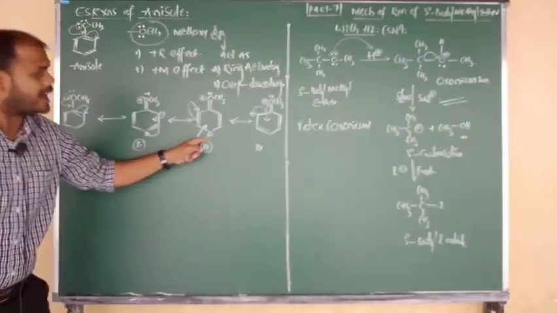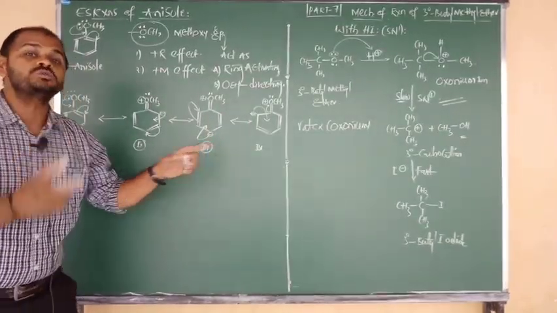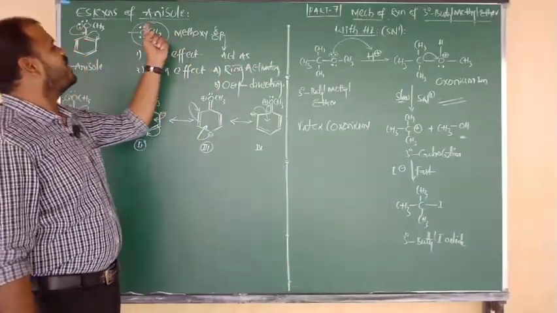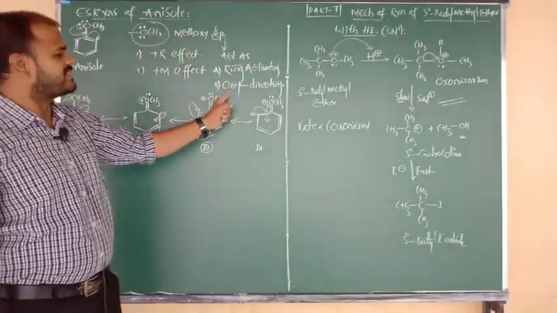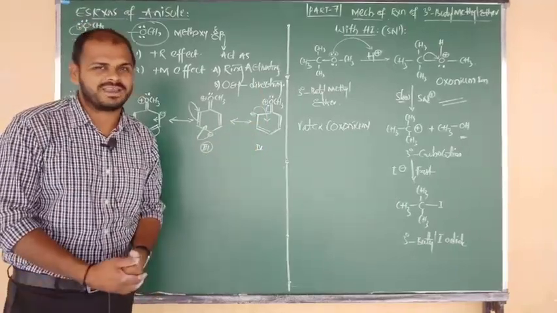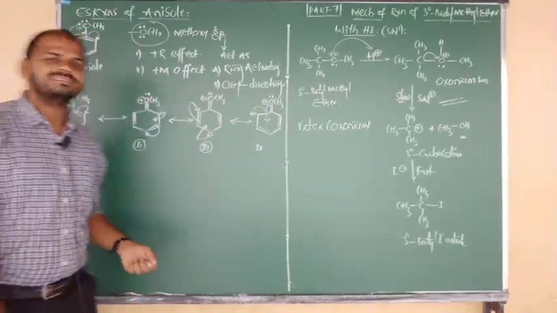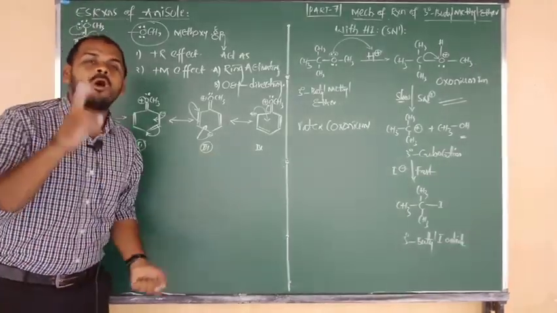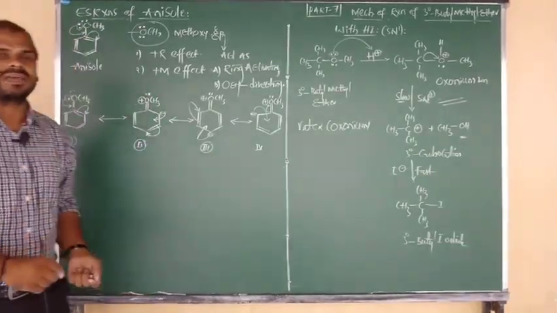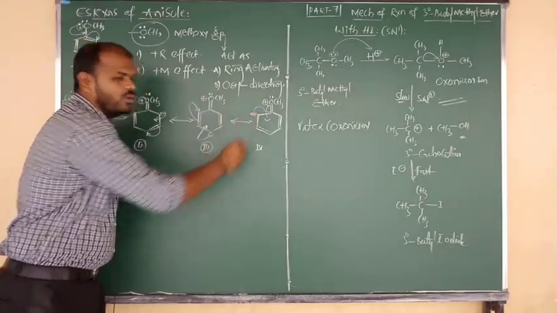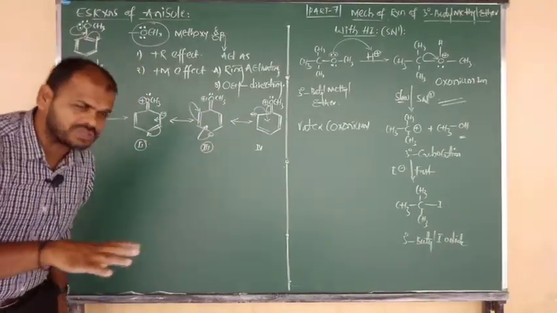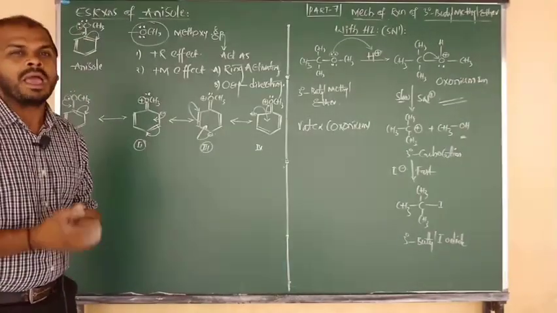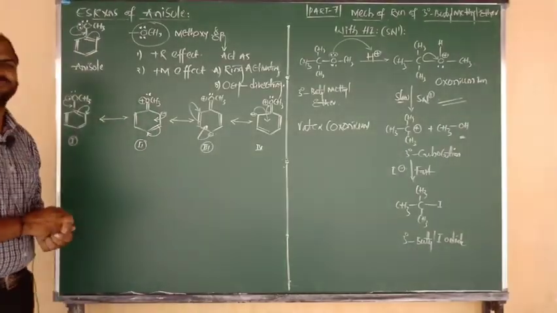Such negative ortho and para sites are attacked by the electrophile. That's why I have told you that the methoxy group is an ortho and para directing group. So in electrophilic substitution reactions, anisole forms how many types of products? 2 products. The electrophile can attack ortho, which gives the ortho substituted product, and the electrophile can attack para, which forms the para substituted product.